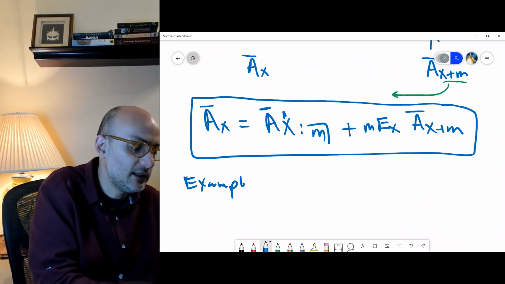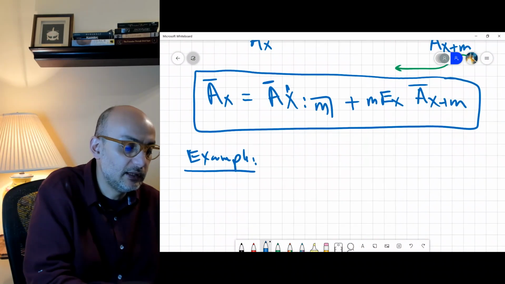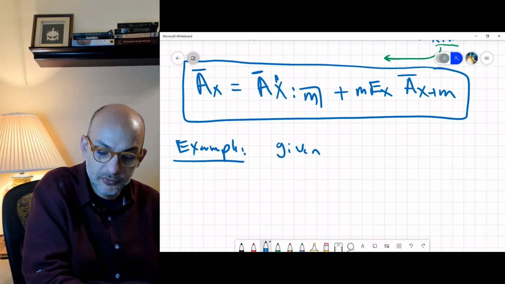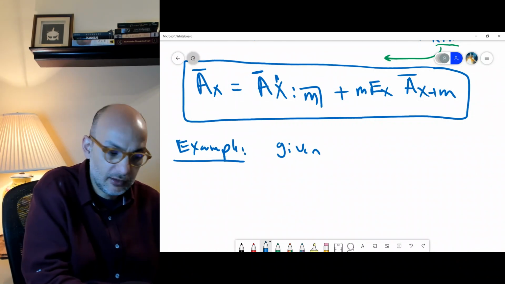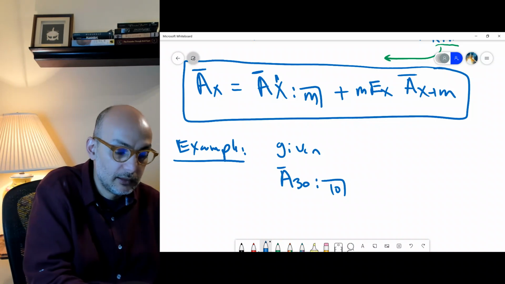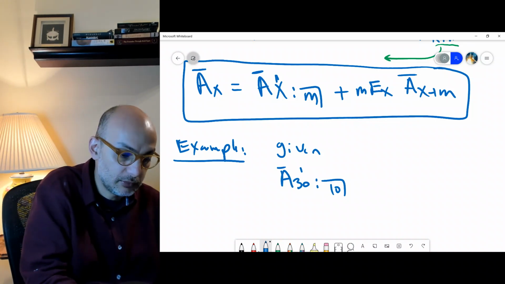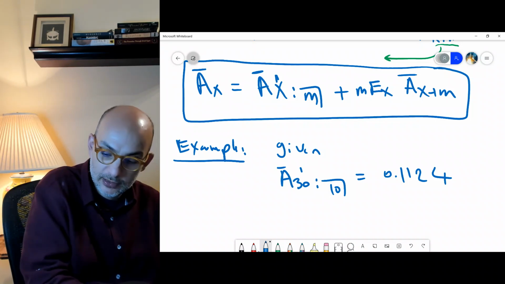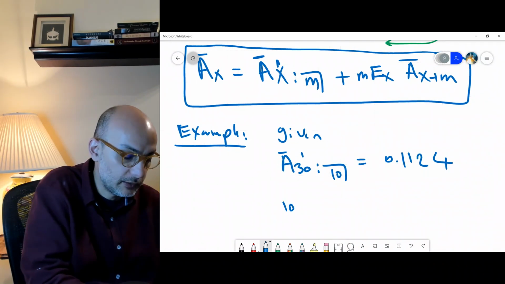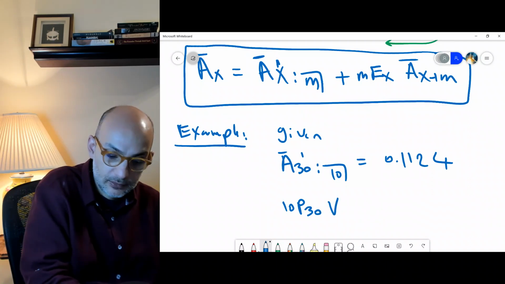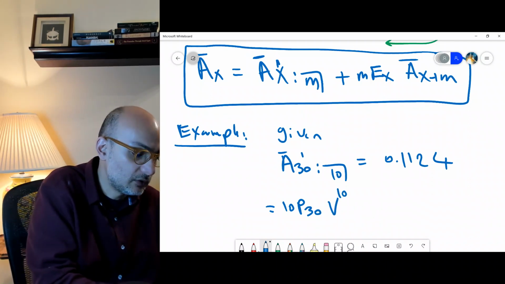So let's take one example here. I don't want to calculate everything because we already calculated them before. You are given some information. We already calculated this one for the uniform distribution at 10, and we calculated it to be 0.1124. We calculated also this one, 10p30 v^10.